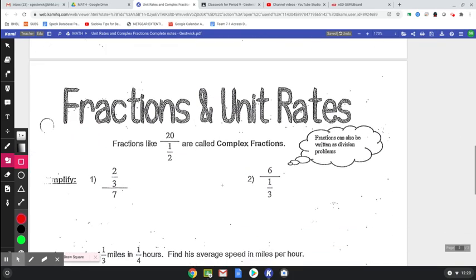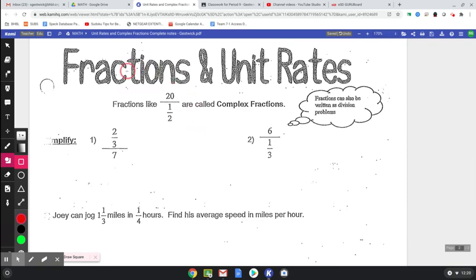The next part, what we're going to learn is how to use fractions and unit rates. So check out this fraction right here. This is called a complex fraction. Go ahead and underline that so you remember. Oh, that's a terrible line. You know what? I'm going to use a line. Here we are.